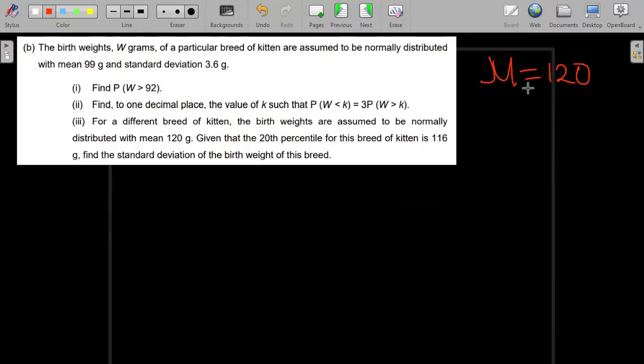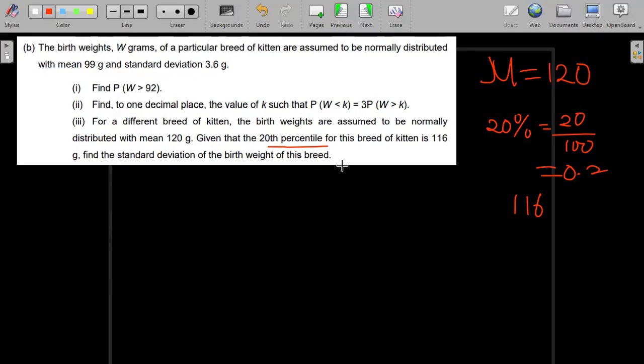They're saying given that the 20th percentile, which means 20%, and 20% is the same as 20 over 100, which is just 0.2, for this breed of kitten is 116, find the standard deviation of the birth weight of this breed.